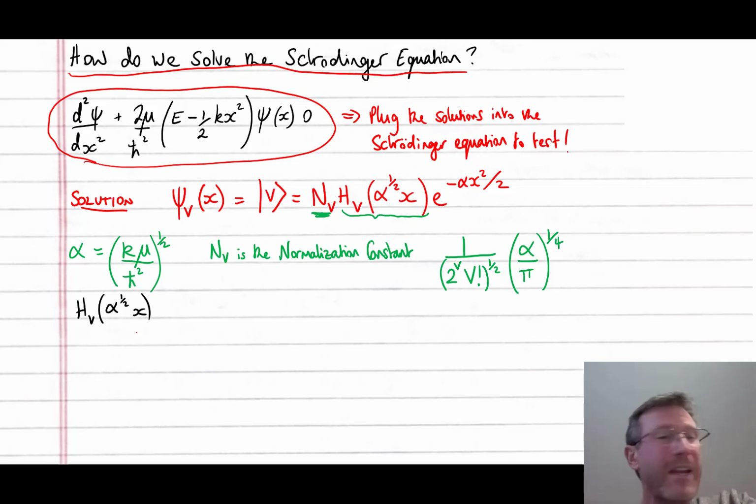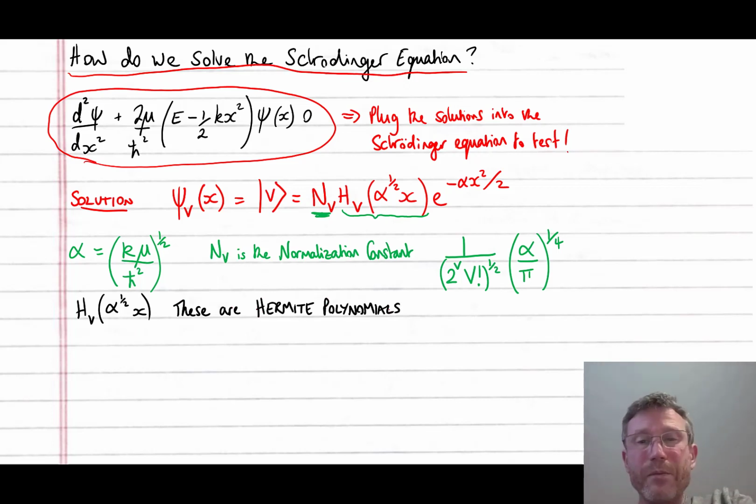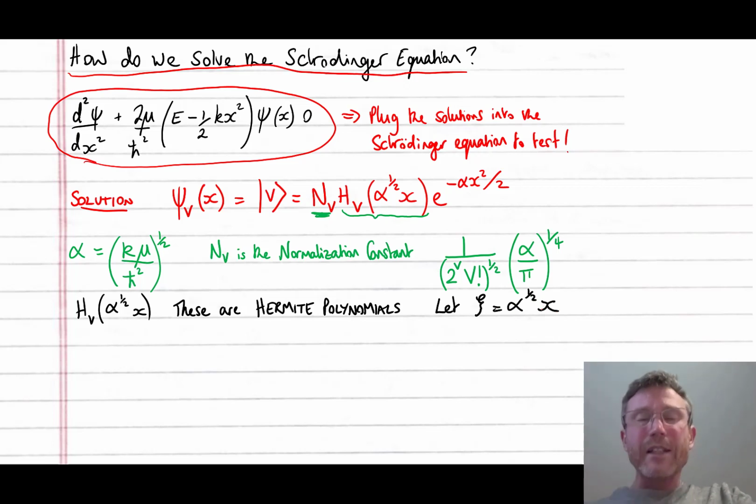But H sub v, these are Hermite polynomials. I mentioned we're going to do another simplification here. We're going to let this little squiggle be equal to alpha to the half x. Surely there's got to be enough letters in the alphabet for us to draw on something other than a squiggle, but I guess squiggle is what we're going to use here.